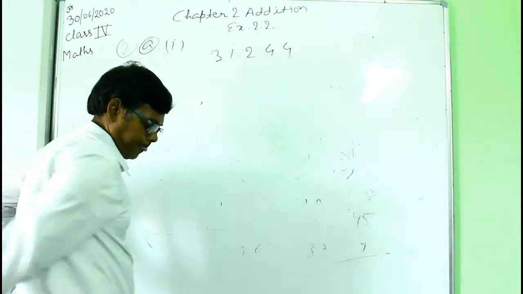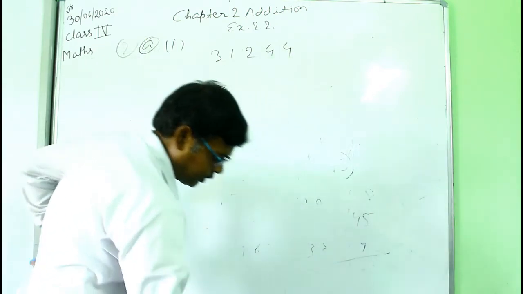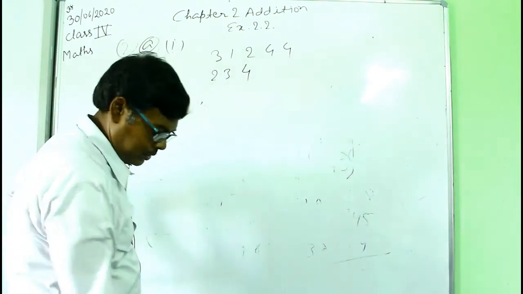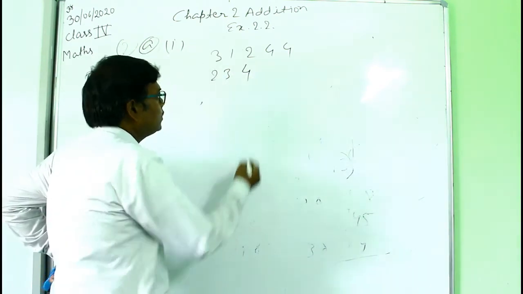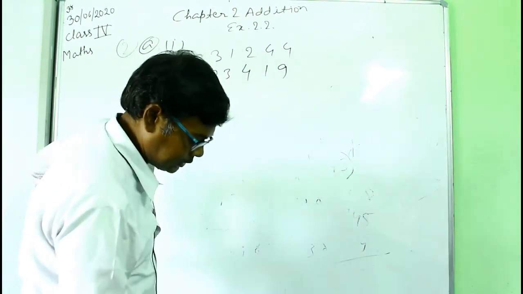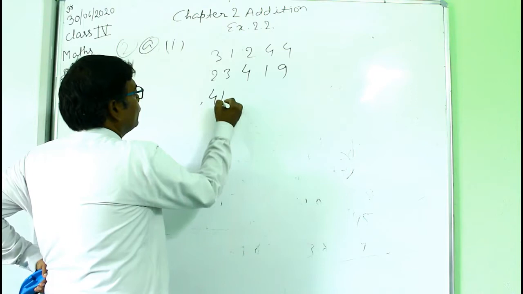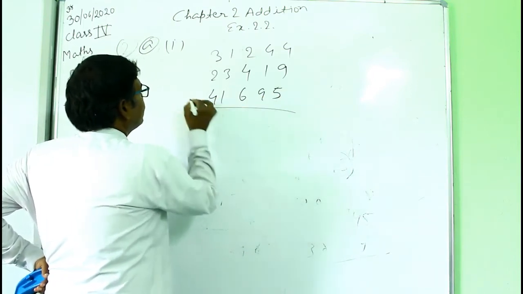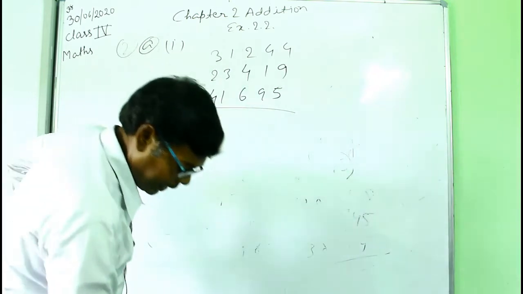31,244, and the next is 23,419. The next number is 41,695. So these are the 3 numbers. Now add these 3 numbers.